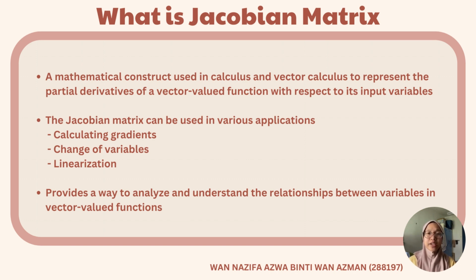The first-order Taylor expansion of f can be expressed using the Jacobian matrix. Overall, the Jacobian matrix function provides a way to analyze and understand the relationship between variables in vector valued functions, enabling the study of complex systems and the development of mathematical models.